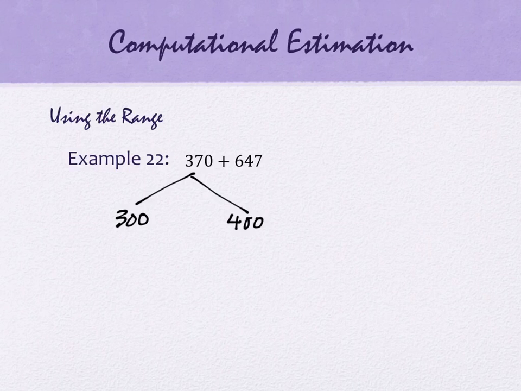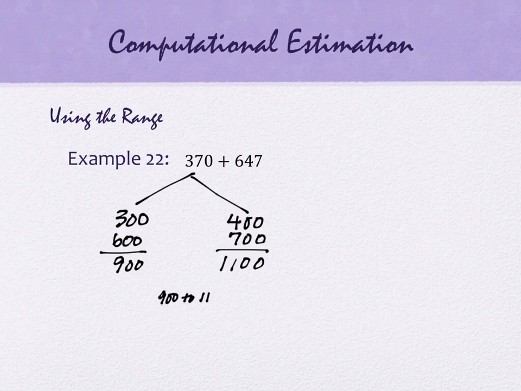And then the 647 is between 600 and 700. Okay, round down, round up. Then as you add these together, you're going to get 900 and 1100. And so your range is 900 to 1100.